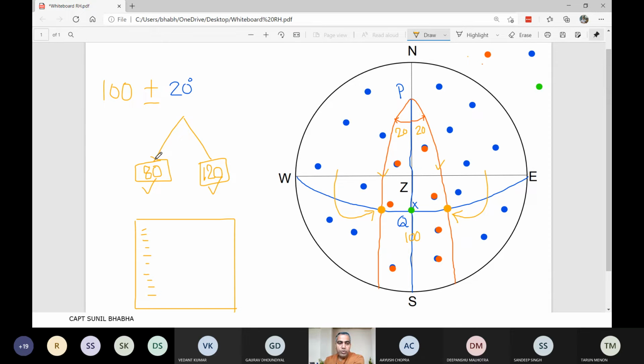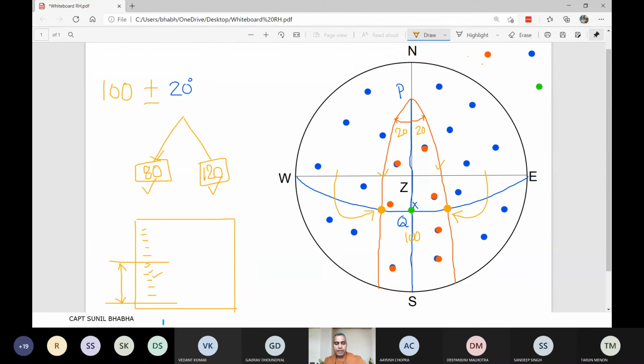So we can go up to 80 SHA. Let us say this is 80 SHA, and we can start checking all these stars, and we will stop at 120. All the stars that we find in the table between this range are the stars which will lie between 20 degree R angle of the observer's meridian.